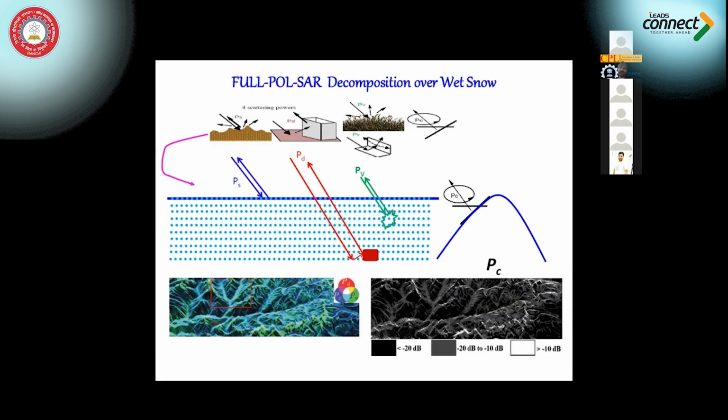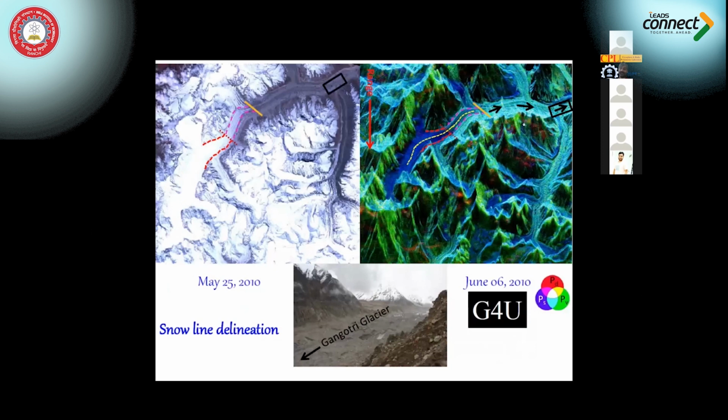So another example, okay, we can also do some glacier identification. Also here you have the Gangotri glacier. In the optical image, generally snow-covered area reflects most of the energy, almost 80 to 90%, more than 90% if it is not contaminated snow, and it reflects most of the energy back to the atmosphere, and in the optical image it appears very bright, like white color.